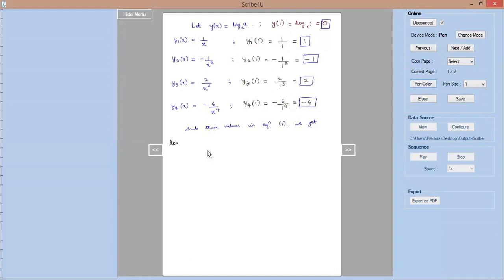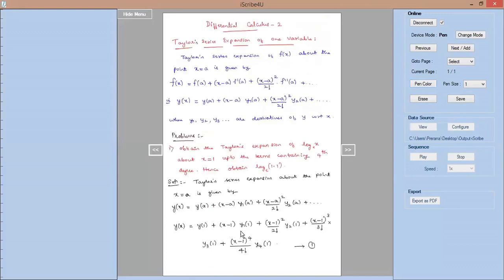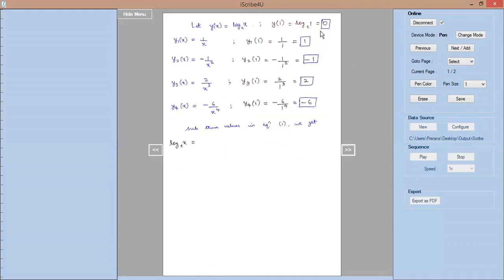So log x to the base e is equal to, we are substituting y of 1 as 0. So the first term vanishes for us and we have the next term substitution, that is x minus 1 into y1 of 1. y1 is 1.